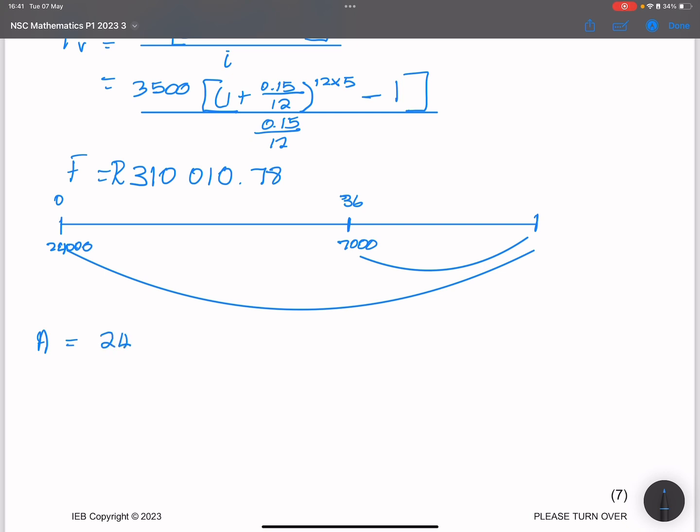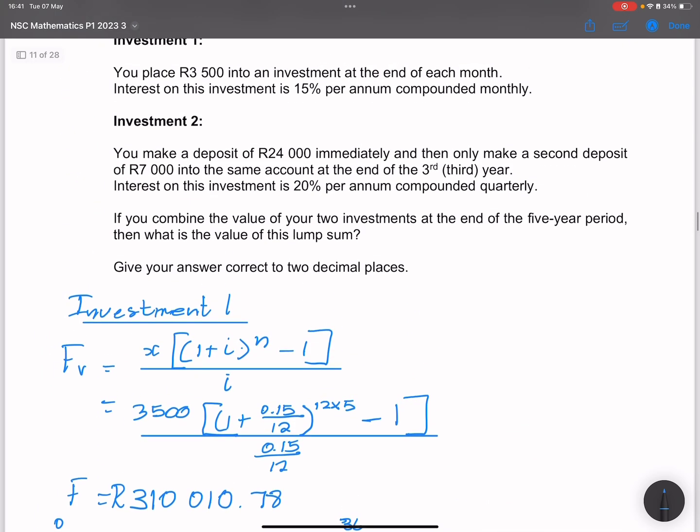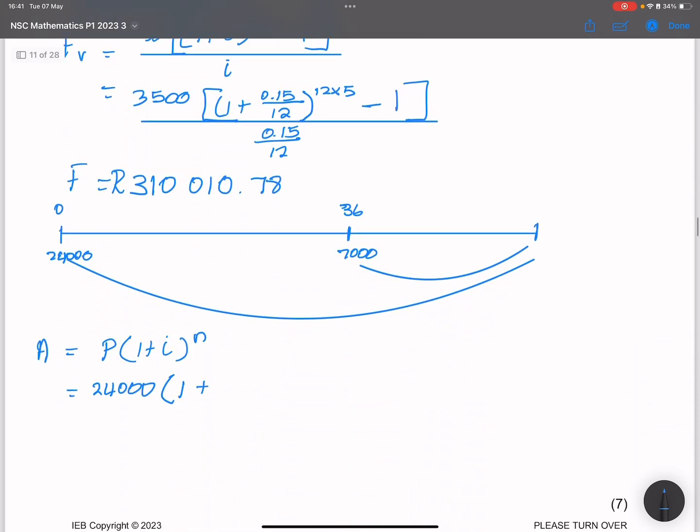But now remember, this is P into 1 plus i exponent n, because we are talking about compound interest there, right? So this is going to be 24,000. So I'm dealing with the 24,000 first. That's 1 plus. The interest is 20%, just to remind ourselves there, so 0.2.